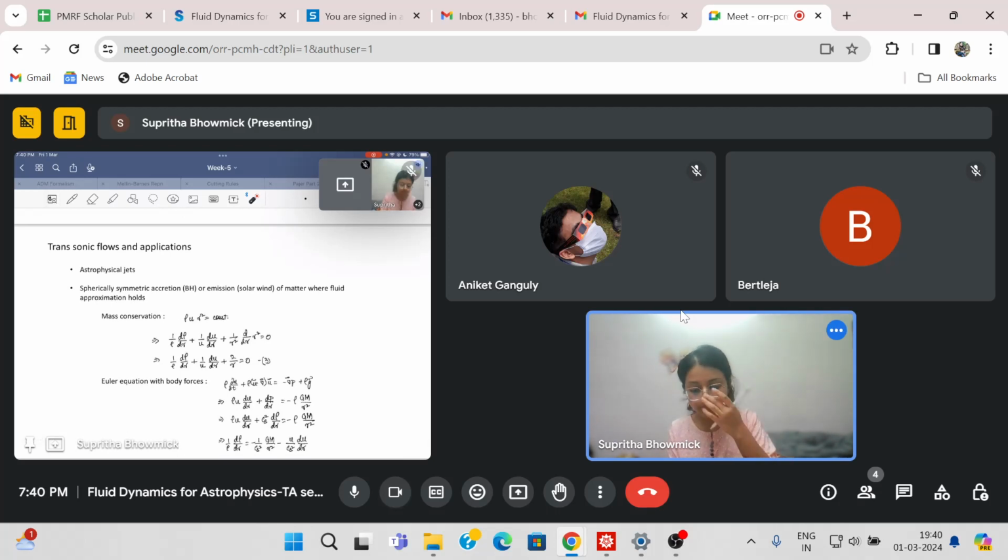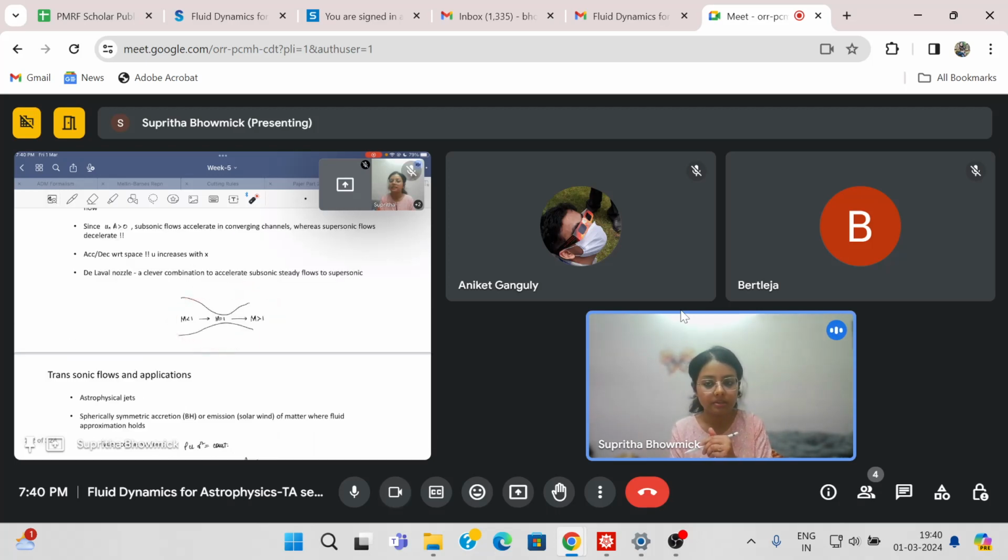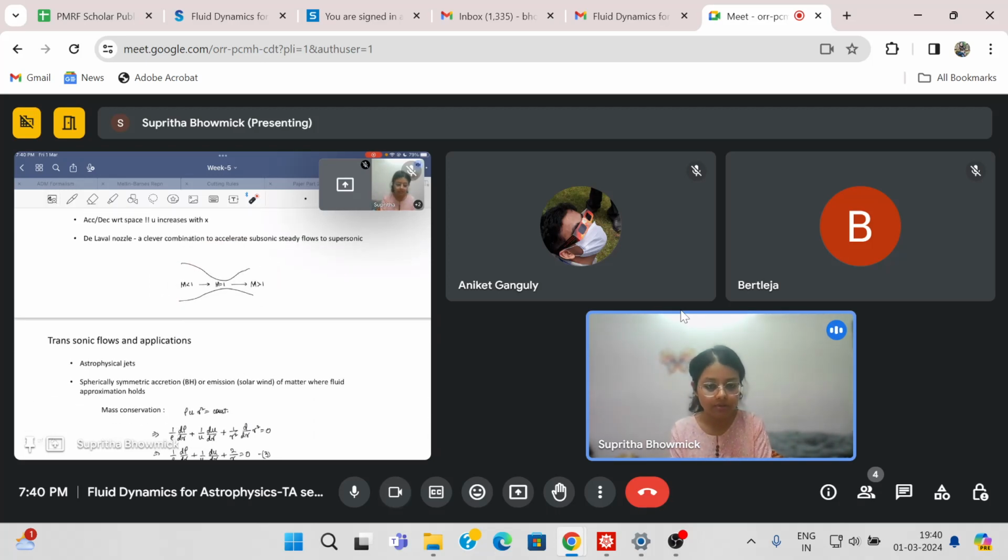Then a few astrophysical applications were discussed, such as astrophysical jets, where you can consider compact objects like pulsars or some active galactic nuclei. You can have things like blazars and so on, which release jets, and the contents of these jets are believed to be relativistic. One of the proposed mechanisms is this principle, the de Laval nozzle. You start off with subsonic flows.